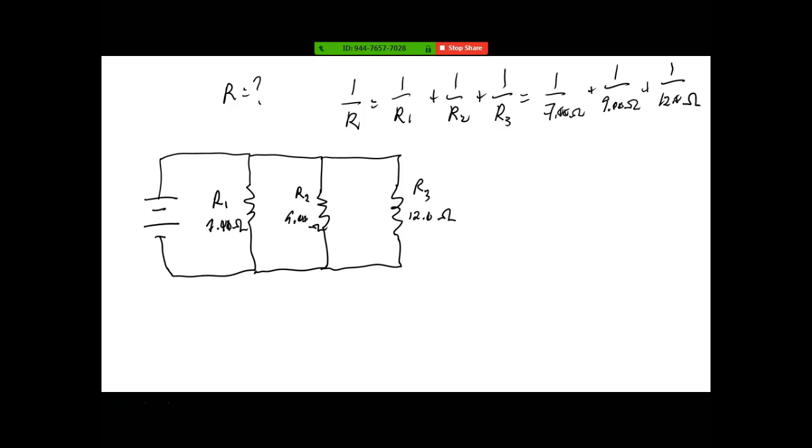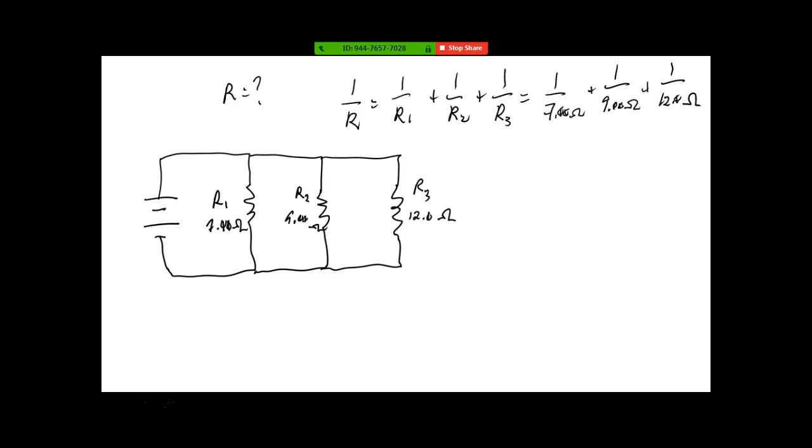Here's how you enter this. I wouldn't do 1 over 7. Here's the easy way. Just type in the 7. Press the 7, and then look for the key, and it may be different on your calculator. But on my calculator here, it's 1 over x. It's on the far left side, the third row down.